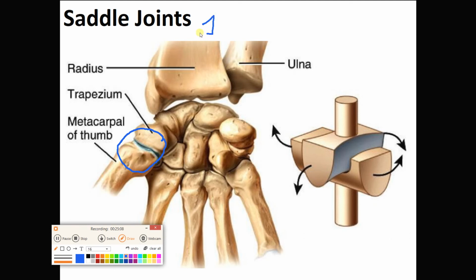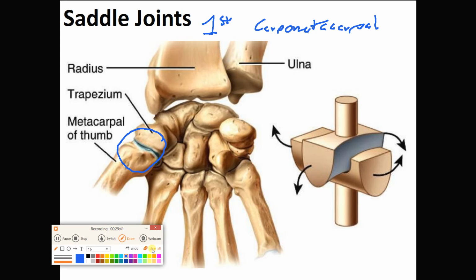So this would be our first carpo-metacarpal joint. That trapezium bone meets that first metacarpal bone to make a saddle joint, two saddle-shaped structures against one another. It allows for thumb movements. Remember, you can have opposition of your thumbs, where you can touch your thumb to your fingers very easily.